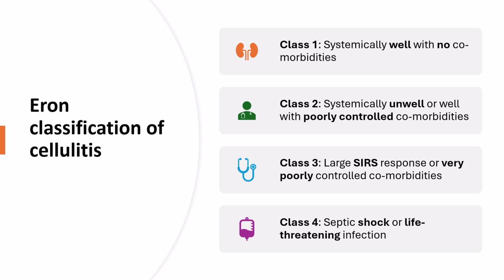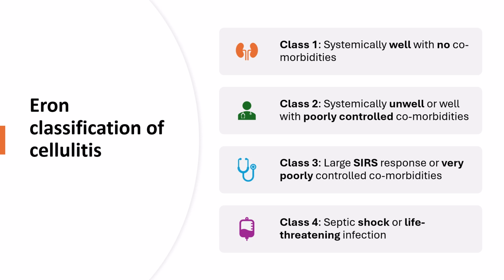Class 1 is systemically well with no comorbidities. Class 2 is systemically unwell or poorly controlled comorbidities. So obviously for this case, we need to start antibiotics. Class 3 is a large systemic response or very poorly controlled comorbidities. And if a patient is in shock or comes to the hospital in a life-threatening condition, that's class 4, so we need to follow the sepsis guidelines.